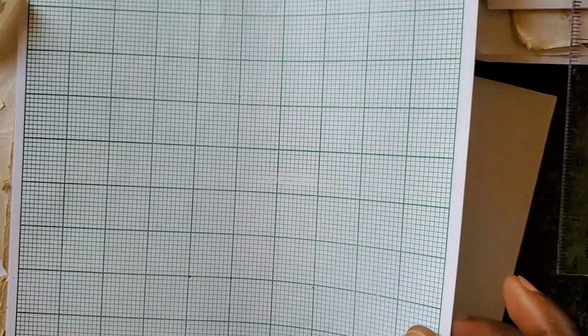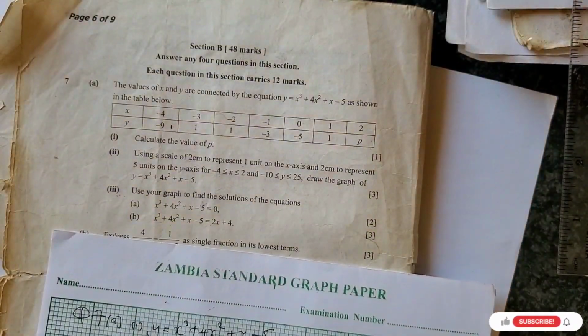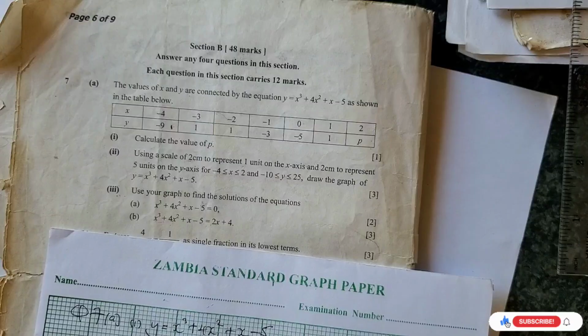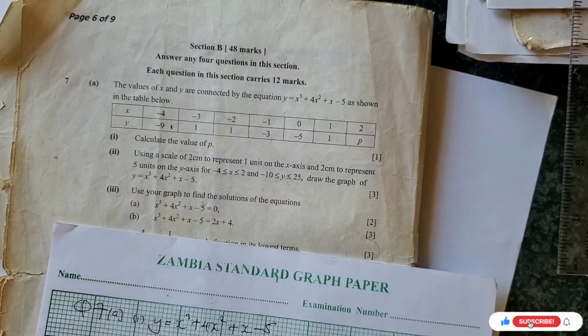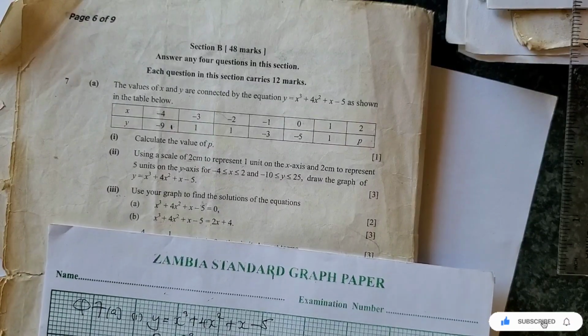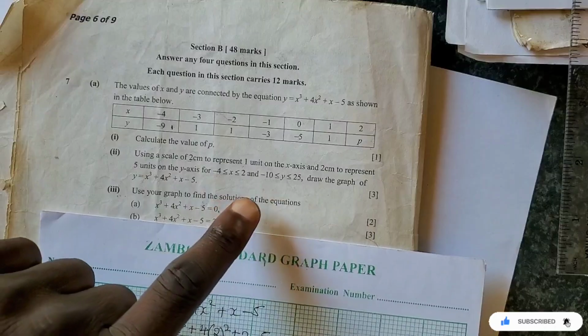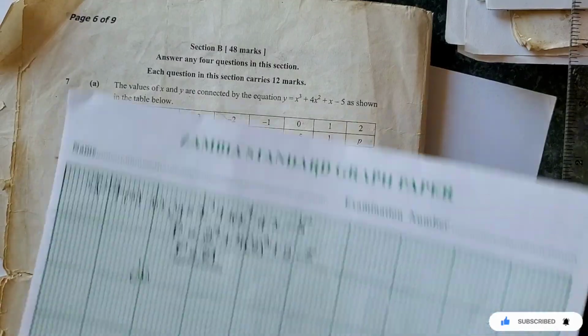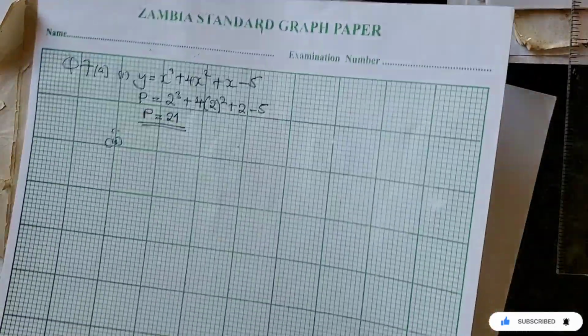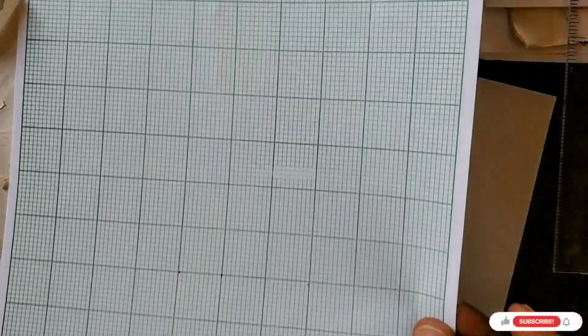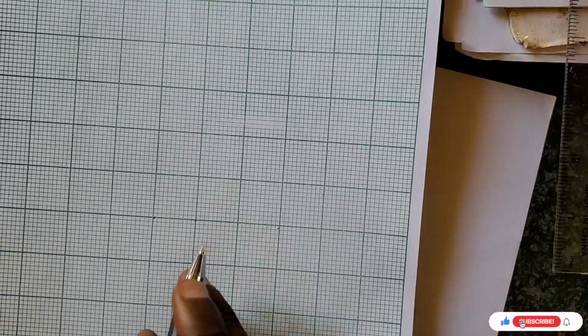Then on the y-axis, we are told 2 centimeters represent 5 units. On the negative side it is just 10, on the positive side 25.